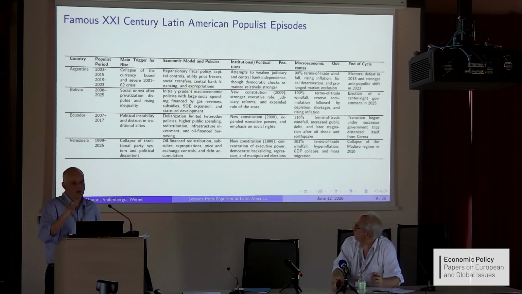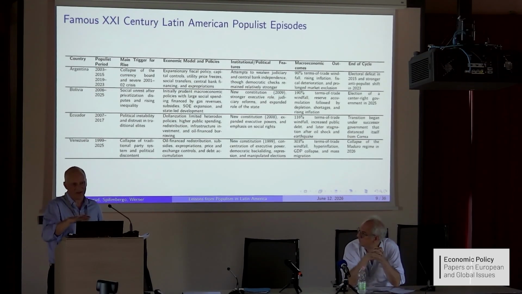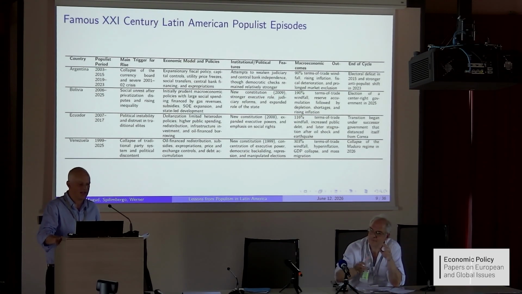This generated a huge fiscal expansion. Basically, in these countries, government expenditure as a share of GDP increased between 10% and 20% of GDP in the span of 7 years. Many of these countries implemented very heavy-handed price controls in public utilities.